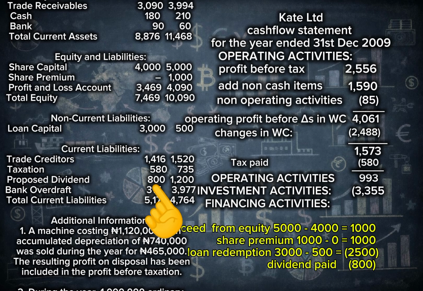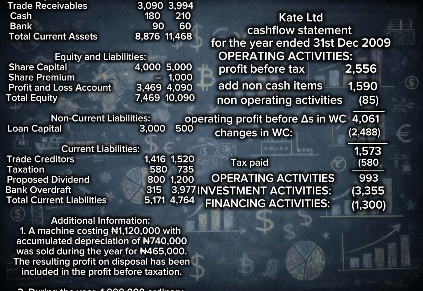Why is this so? This is because dividend proposed in 2008 is dividend paid in 2009, and therefore should be reflected as an outflow in our cash flow statement, meaning that the dividend proposed at the end of 31st December 2009 would remain a current liability in the statement of financial position, and will likely be paid in the following year, that is in 2010.